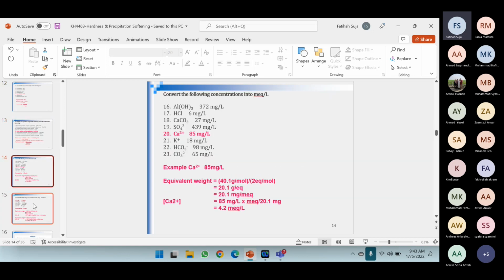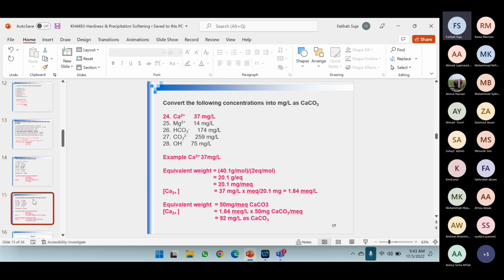So I'm going to give you a quiz on this calculation and also one more calculation for the softening part. I want you to tell me when you want me to give you the quiz. It's only about half an hour to 1 hour for you to answer, and then you submit.